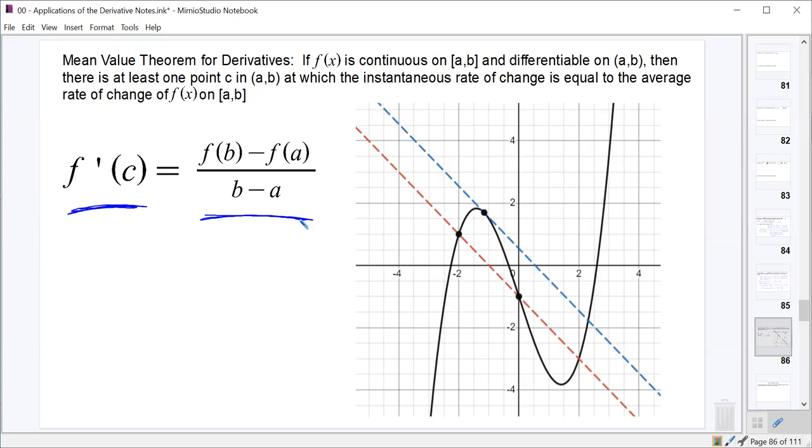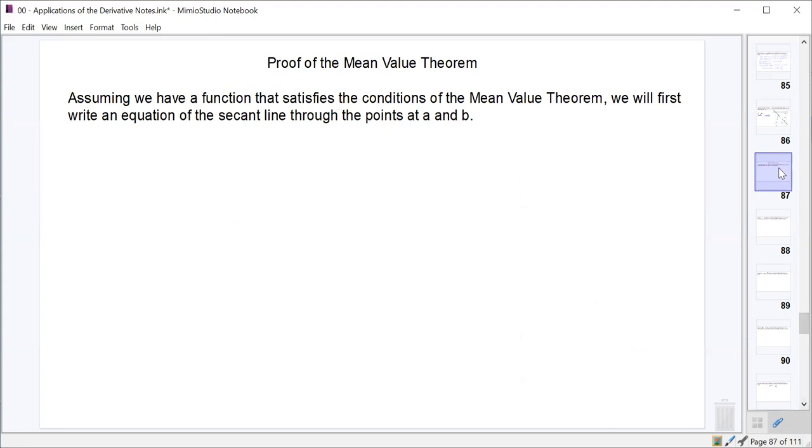And we have found the location of the tangent line on that interval between -2 and 0 that has the exact same slope as that secant line does. And that's what's guaranteed. The instantaneous rate of change, f prime, must equal the average rate of change on that interval. So let's go through a little proof of the mean value theorem before we do a couple of problems.